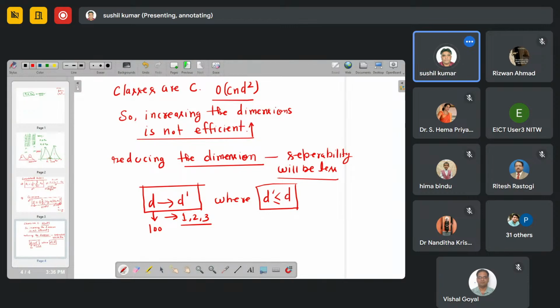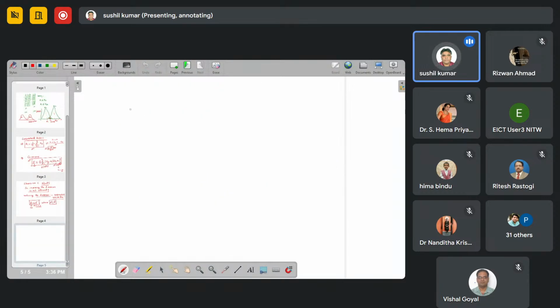There are two methods to do this task. One is PCA, that is called principal component analysis, which we will discuss in detail. And one more is MDA, which we are not going to discuss, but it is there for dimensionality reduction.